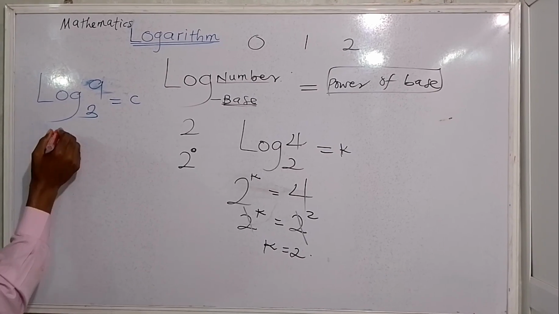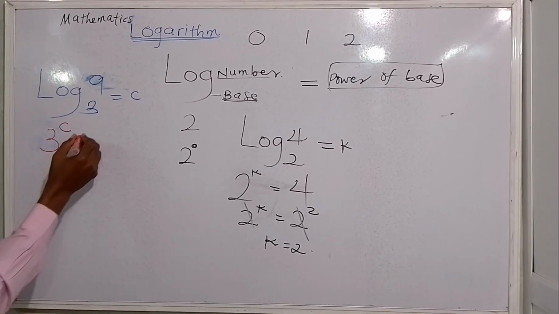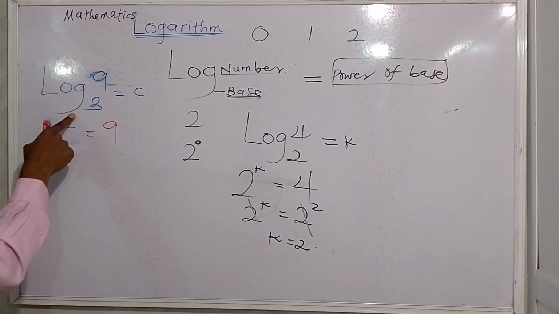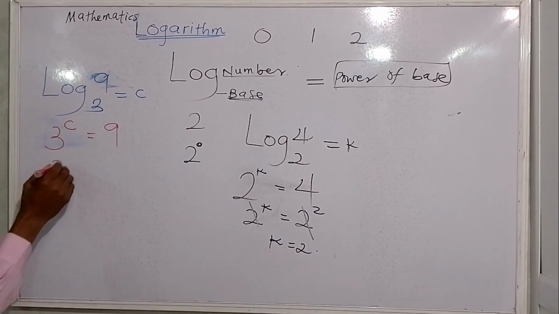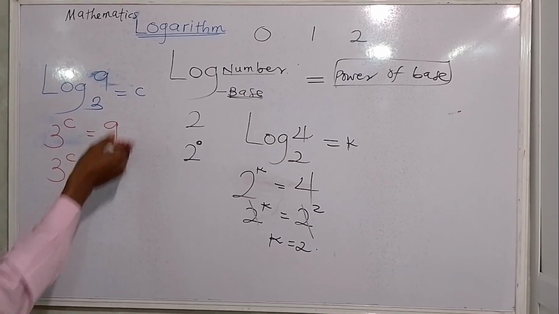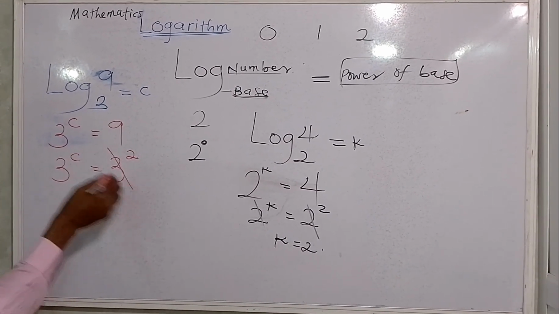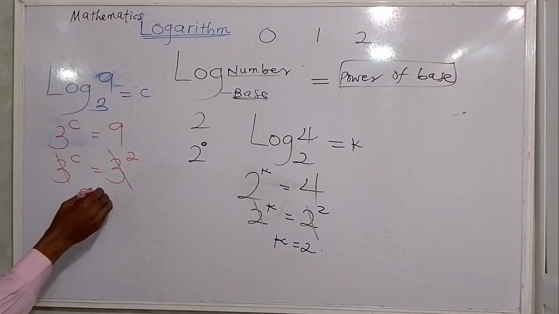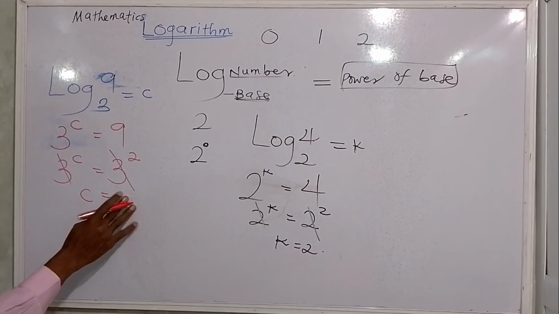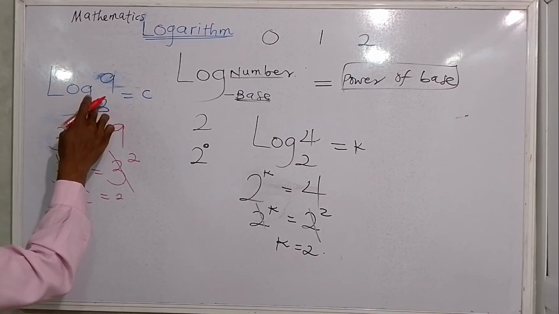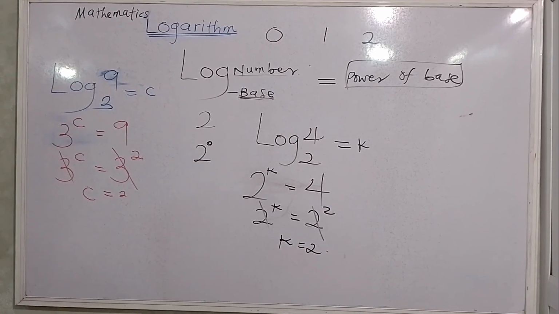So 3 raised to the power of that answer must equal the number. Base raised to power answer should give number. So 3 raised to power C equals 9. 9 is 3 raised to power 2. So base cancels base, then power equals power. So the answer is 2. It means that if I put 2 on 3, I will get 9.